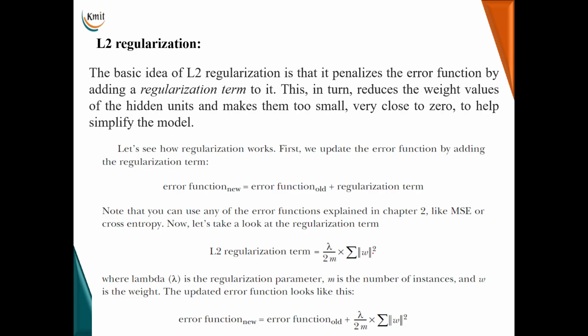In most of the material, you can have simply the lambda term also, and most of the time it is given as lambda by 2m. Generally, let us consider this equation where lambda by 2m, where m represents the number of rows.